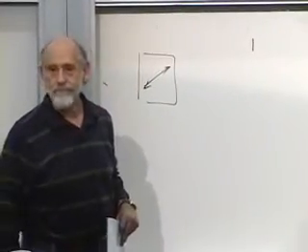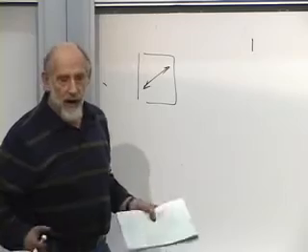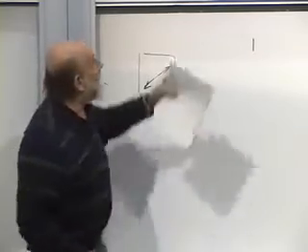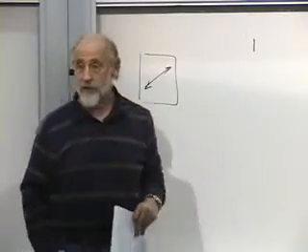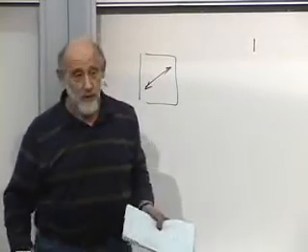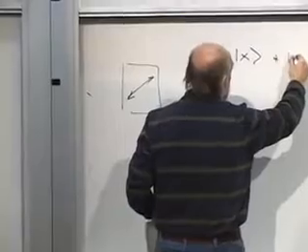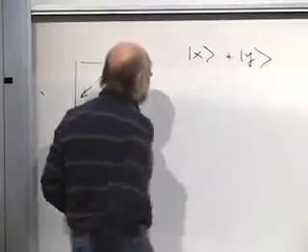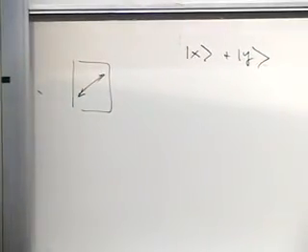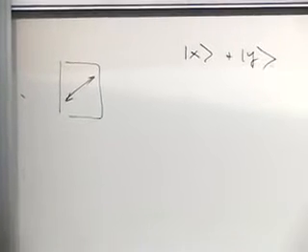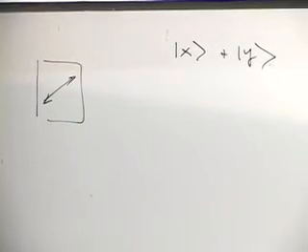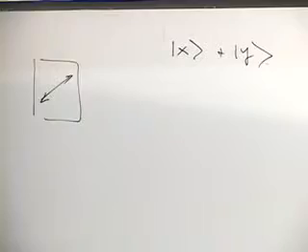Anybody want to make a guess what it would be? It's not x, it's not y. On the other hand, x and y are a complete basis. There's nothing that can't be written in terms of x and y. X plus y seems a reasonable possibility. The sum of the two vectors has equal amplitude, or equal coefficient, in both directions.